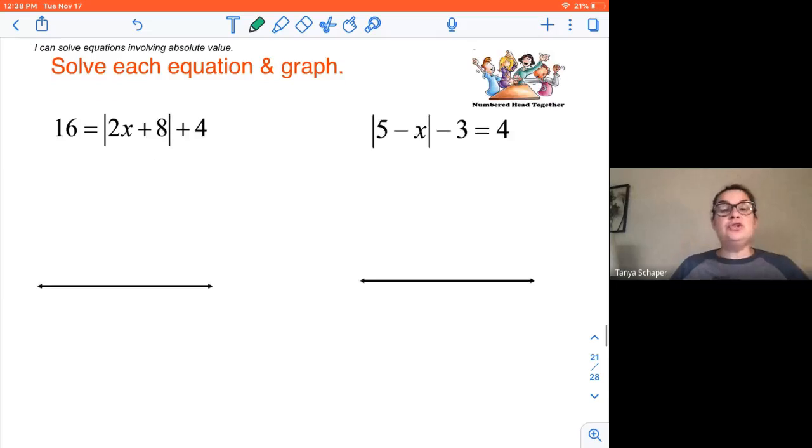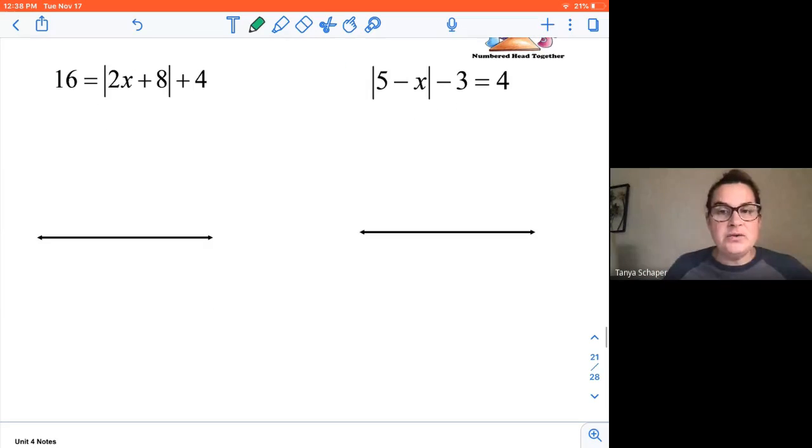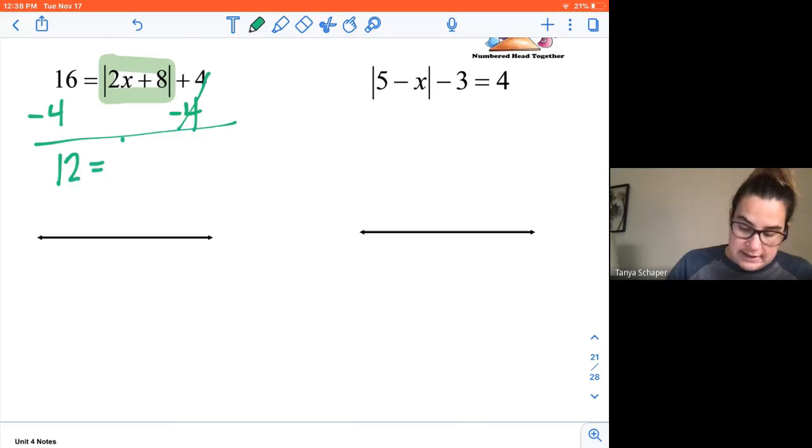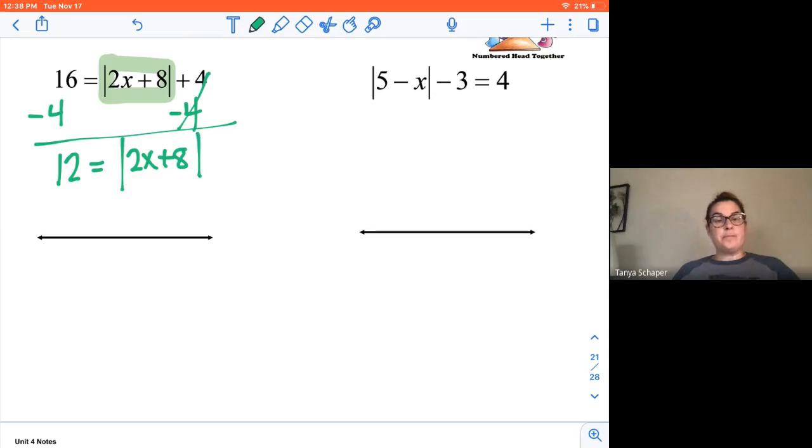So the first thing we need to do is get that absolute value symbol isolated. I want to get this part all by itself. So I'm going to subtract 4 from both sides. So 12 is equal to the absolute value of 2x plus 8. Okay.